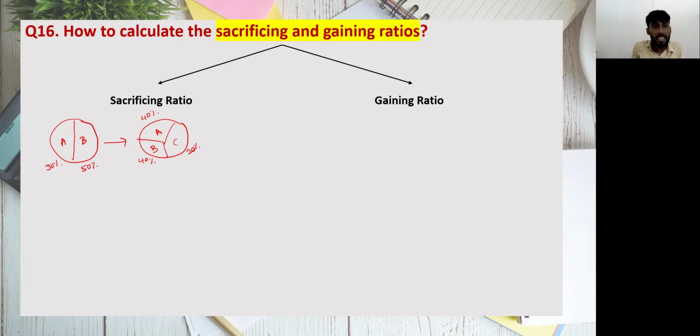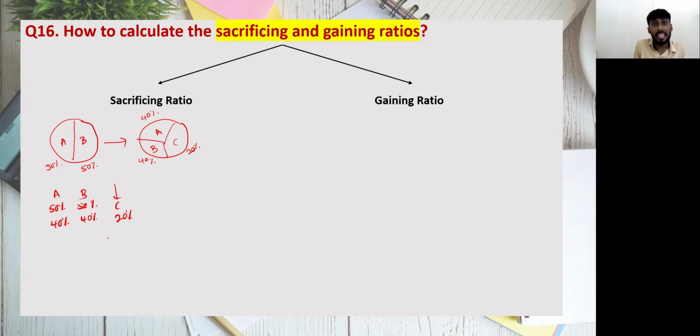Now can you see, due to the entry of the new partner, the earlier two partners had to sacrifice what they got earlier. Why? Earlier, A and B both got 50% out of the profit. But due to the entry of the new partner, now they are getting only 40.